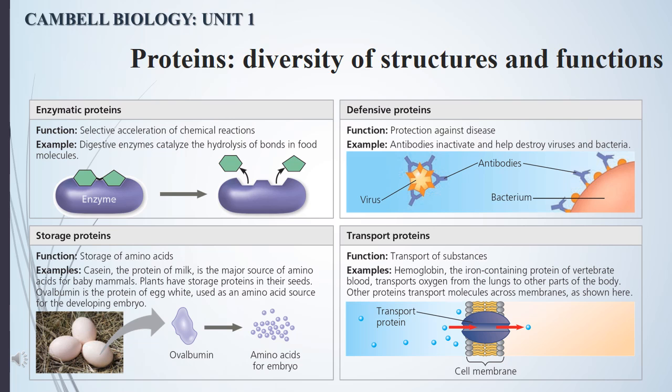Proteins can act as defense mechanisms, protecting the system against pathogenic invaders such as bacteria. Antibodies, for example, are a very, very efficient tool to protect us through the immune system.